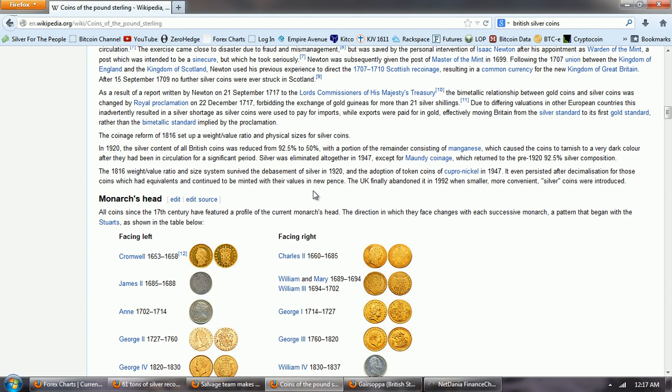because I became curious as to when the British demonetized their silver and what type of silver coins they were making at the time. And you can see there, this is a Wikipedia article, Coins of the Pound Sterling.